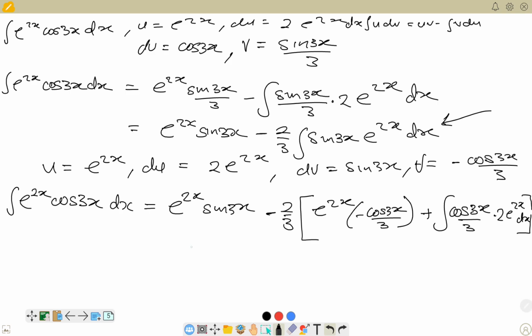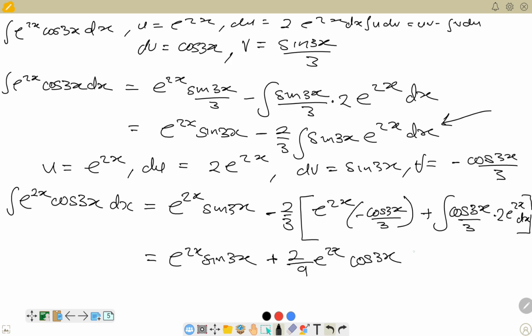Then again, we can try to simplify what is inside the bracket. So we have e to the power 2x sine 3x. Then when we simplify the first term, it will give us a plus 2 over 9 e to the power 2x cos 3x.